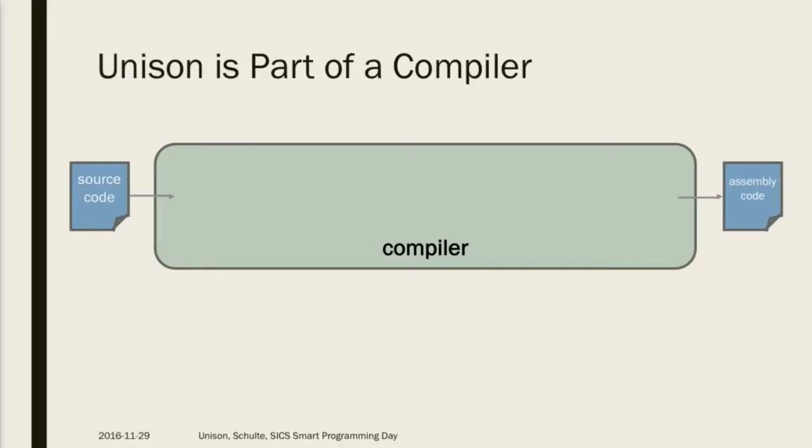Right, so Unison, the name of the project, is part of a compiler. A compiler turns programming source code, typically written by a human, into the same program, with the same meaning, in assembly code to be executed on a machine.